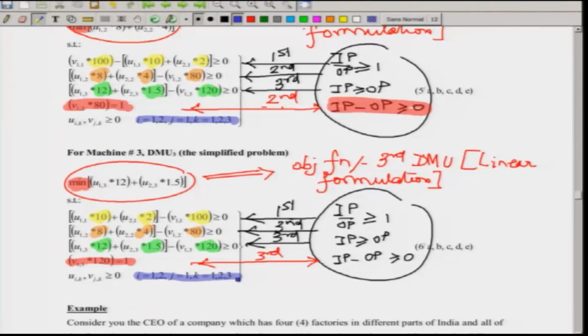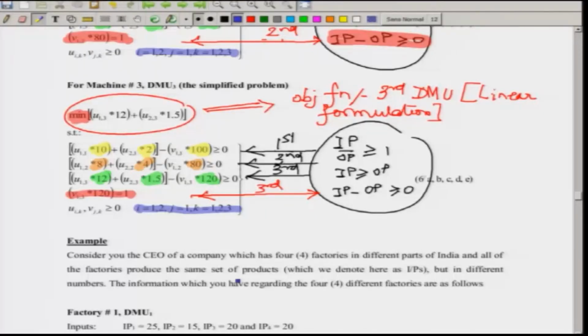I will just discuss one problem and then go into the objective formulation for this input output oriented model. So, consider that you are a CEO of a company which has 4 factories in different parts of India, and all of the factories produce the same set of products, which we denote here by the inputs, but in different numbers.